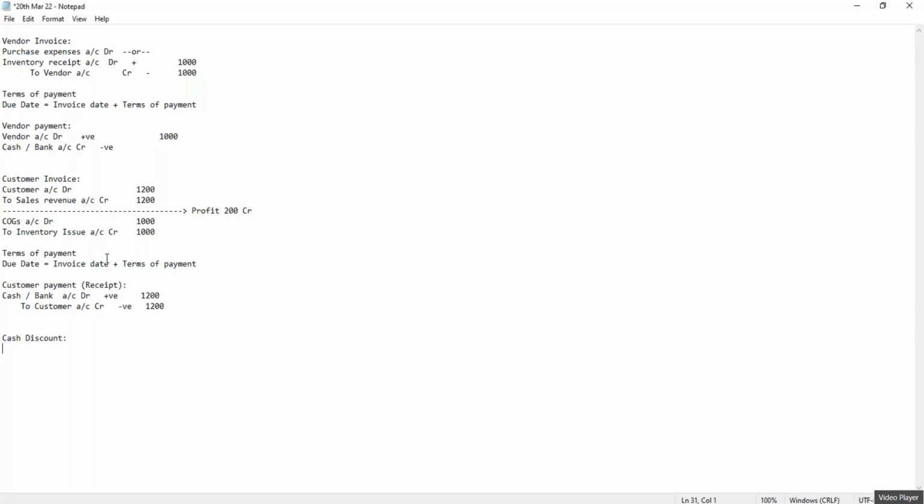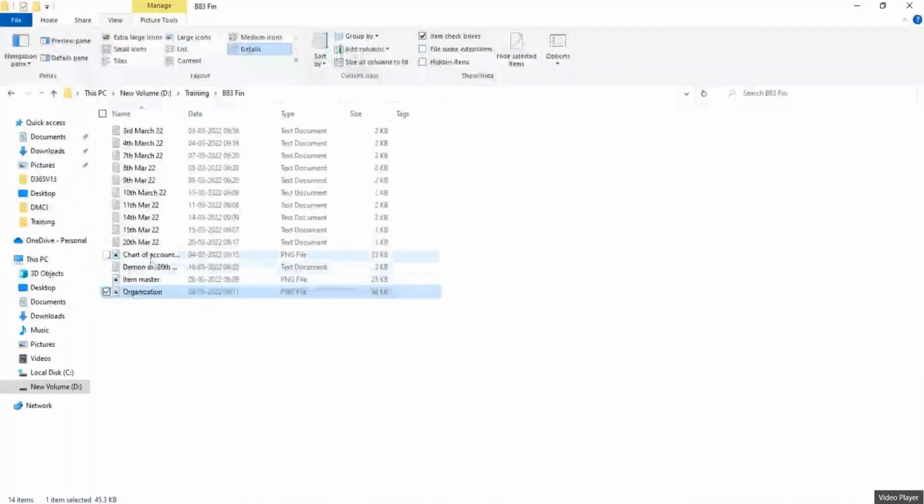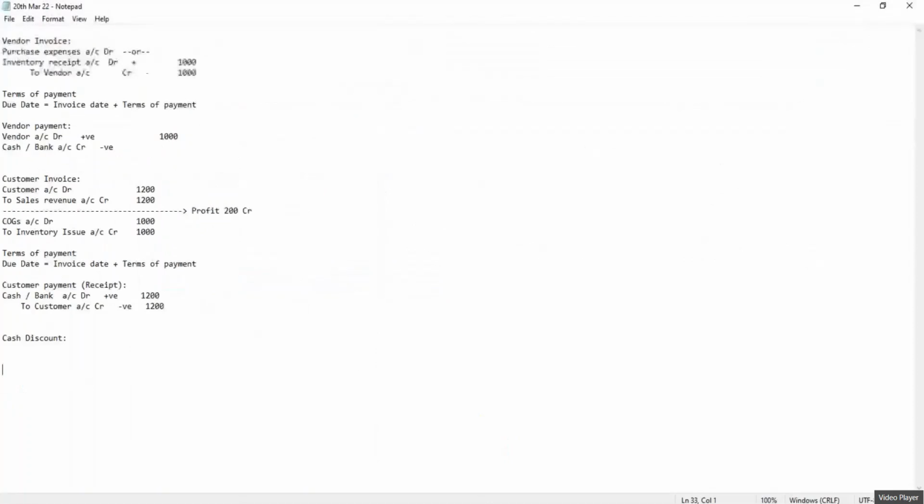So to understand debits and credits, chart of accounts. As per commerce, there are 3 golden rules. The first one is personal account.